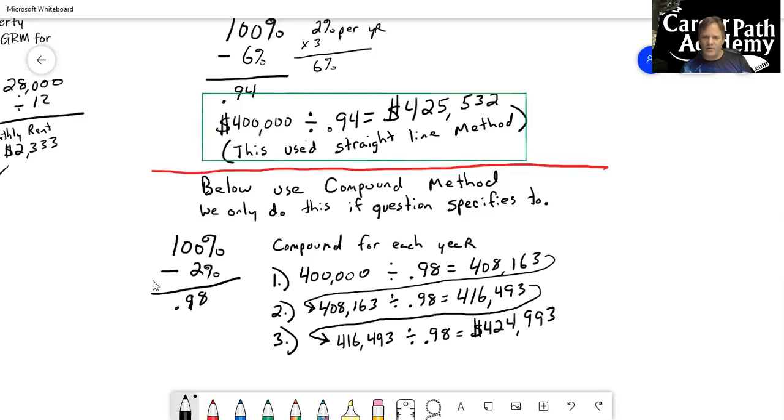If we round it, it'll go to 424,993. Okay, and so this is the answer.